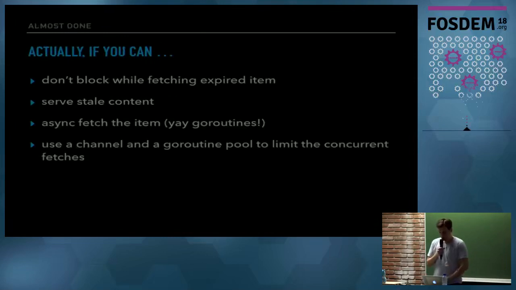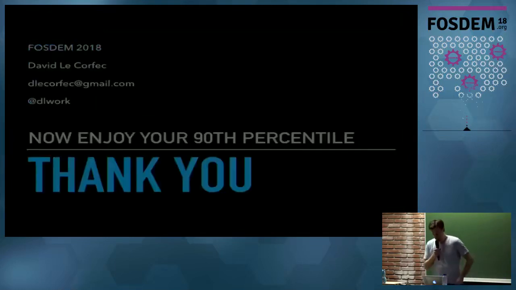But you can also do better, if your constraints allow it, by serving stale content where the TTL is expired and asynchronously fetching the missing item. And you can also use a channel and a pool of goroutines to limit your concurrent fetches to not hurt so much the slow and unreliable service behind. Thank you very much.